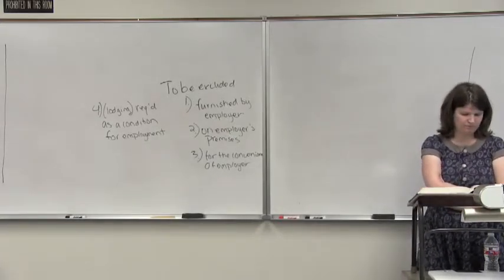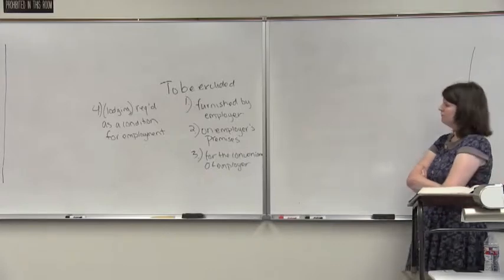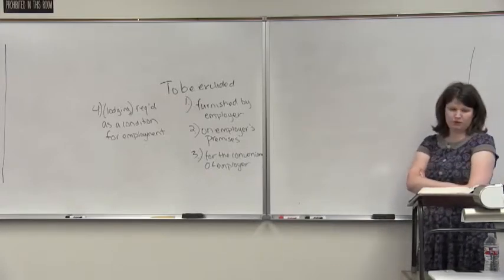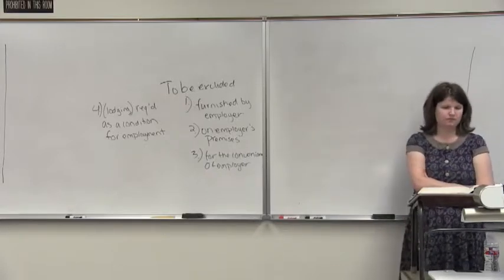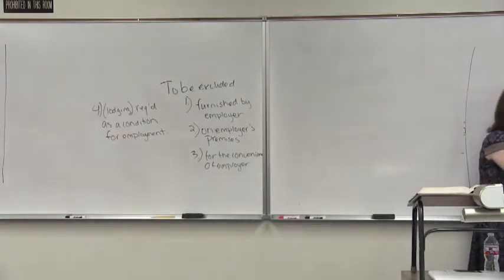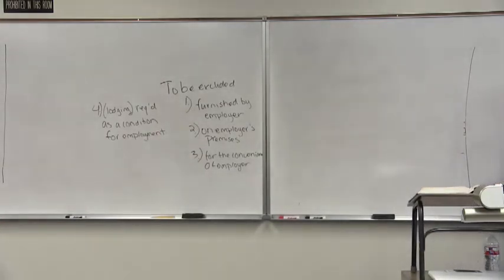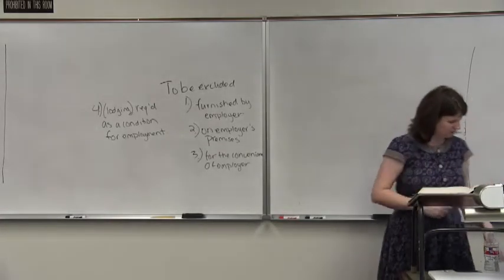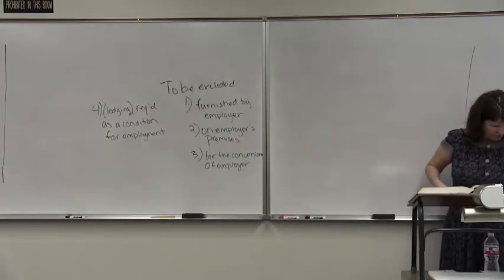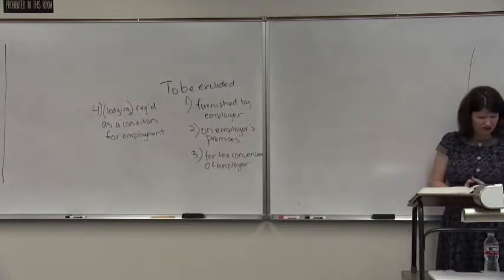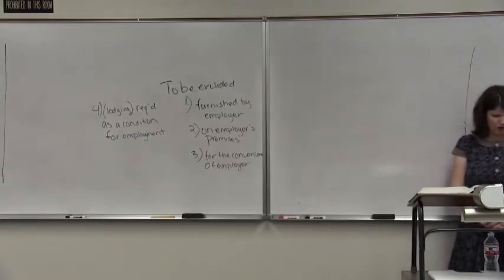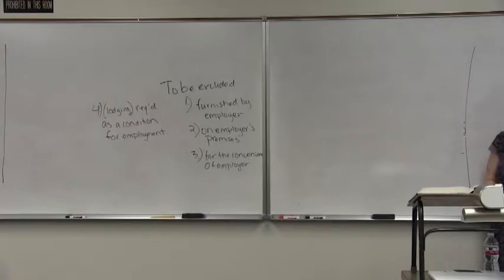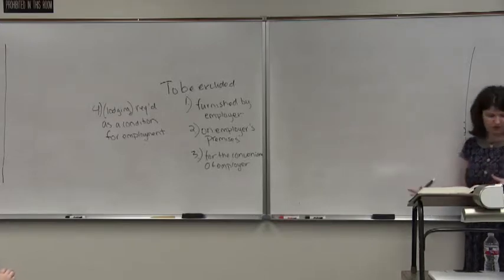Okay? So it's pretty much self-explanatory. There are a couple of other housing exclusions, and I don't know if they're included in the slides. For example, ministers can exclude the value of a rental home provided, like a rectory or a vicarage.